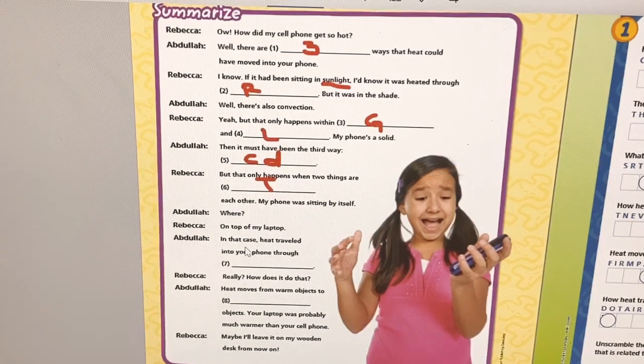In that case, heat traveled into your phone through, yes, conduction, definitely, because the laptop is solid and your phone is solid. So Rebecca asked, really? How does it do that? Abdullah will tell her, heat moves from warm objects to cool objects.